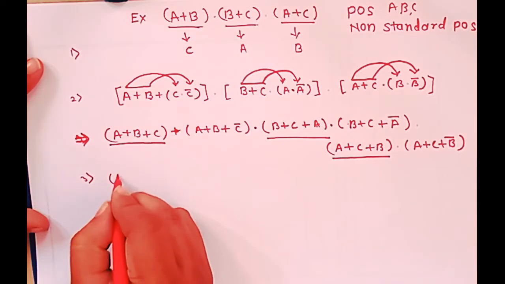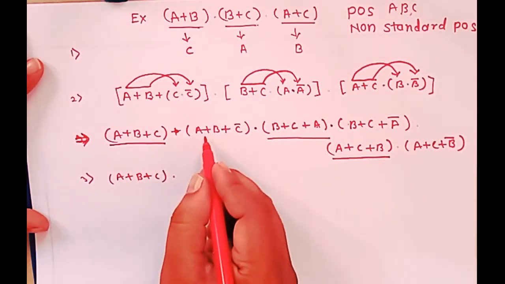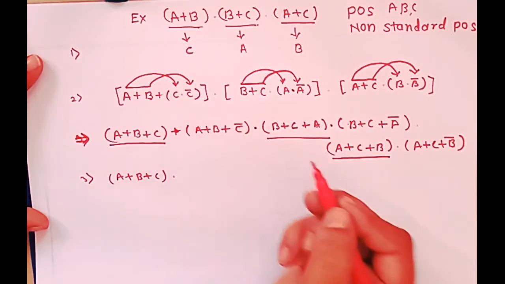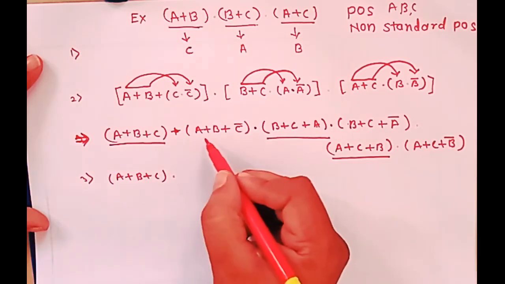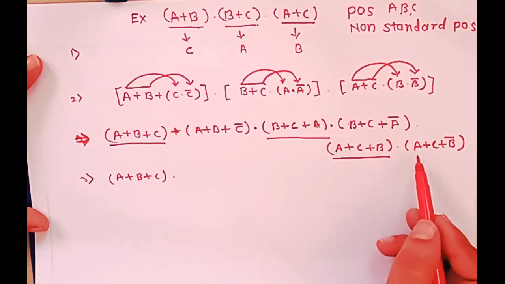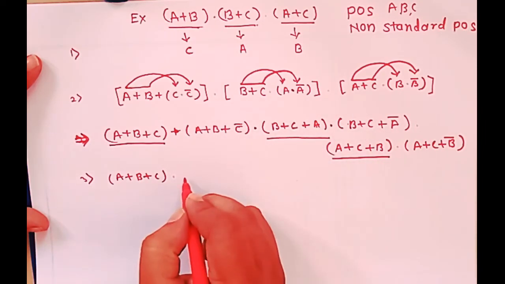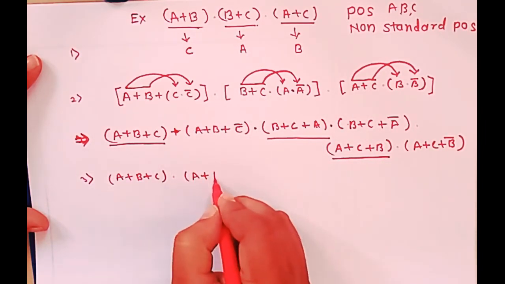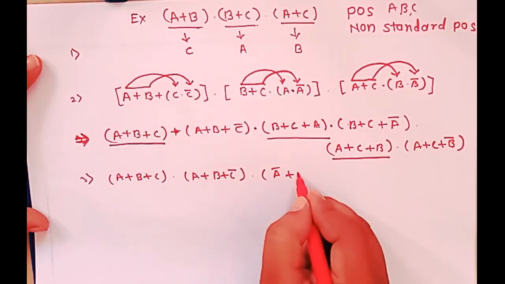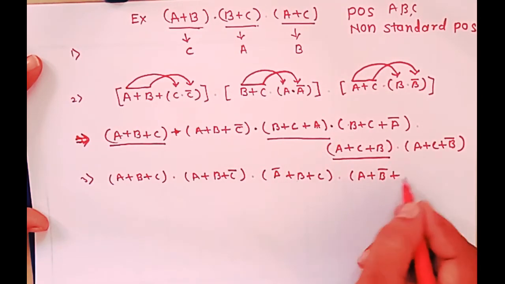So we write a plus b plus c, into, then check whether any other term is again the same or not. The remaining ones are a plus b plus c bar, a bar plus b plus c, and a plus b bar plus c. Now all these terms are different, so we will directly take them: a plus b plus c bar, into a bar plus b plus c, into a plus b bar plus c.